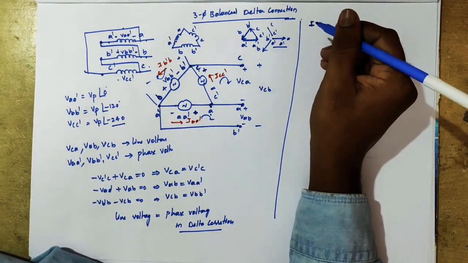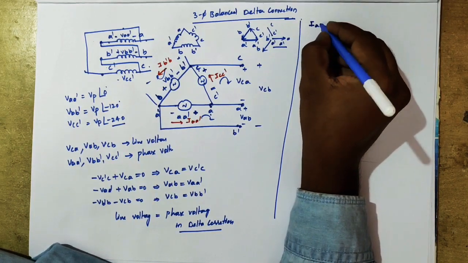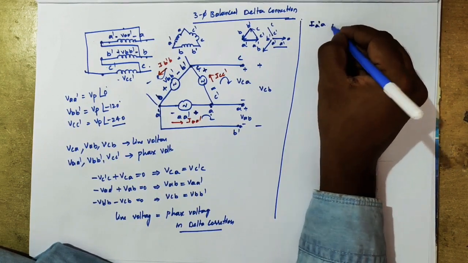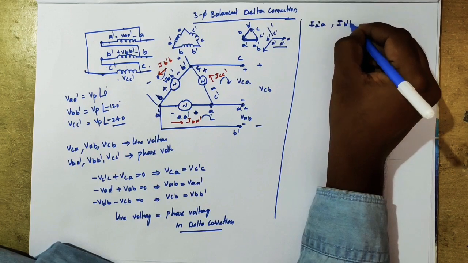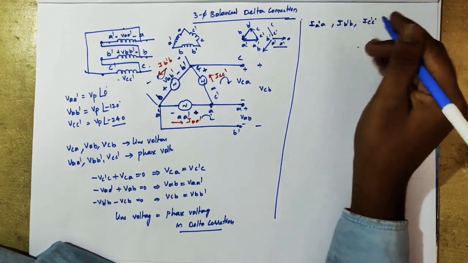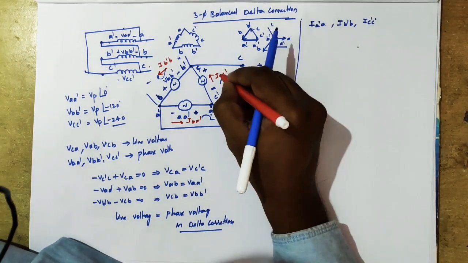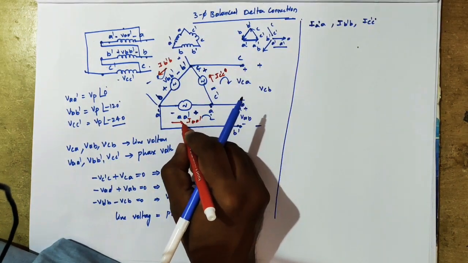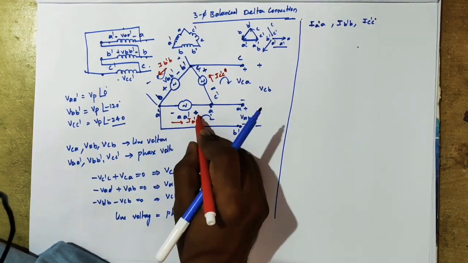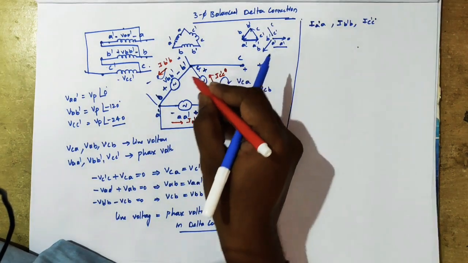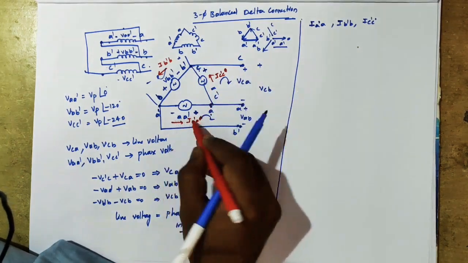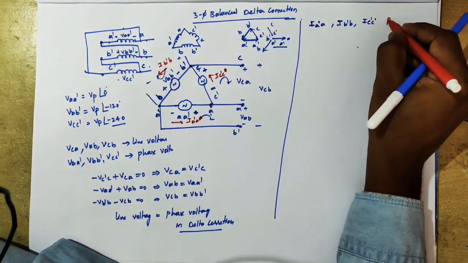The phase currents are IA'A, IB'B and IC'C, taken from A' to A, B' to B, and C' to C.